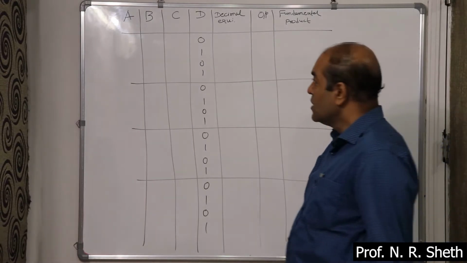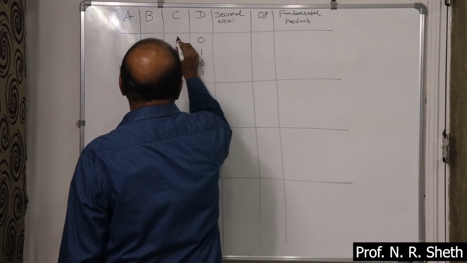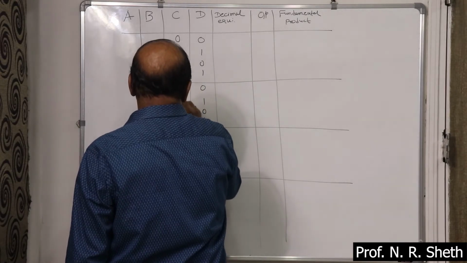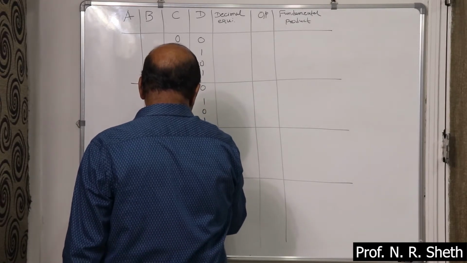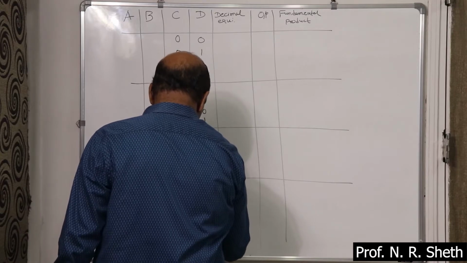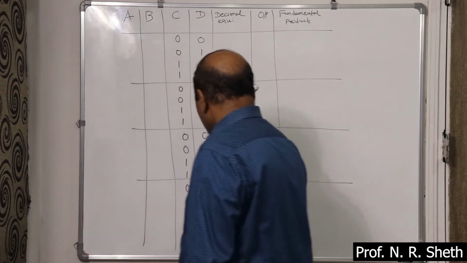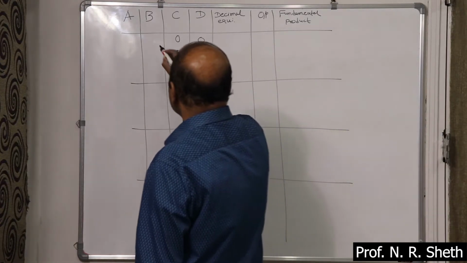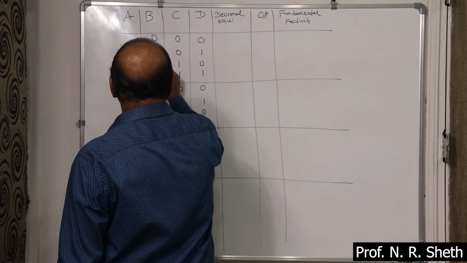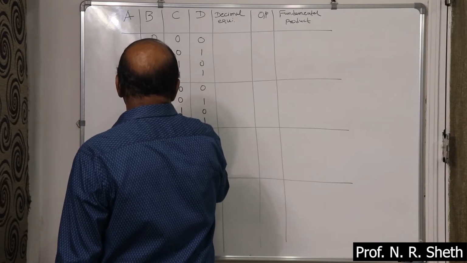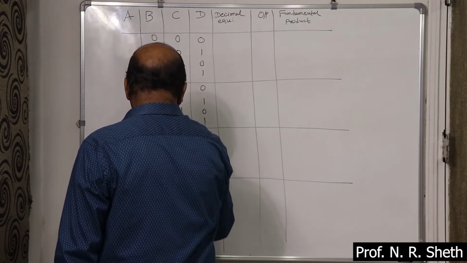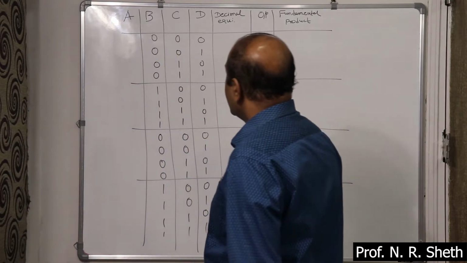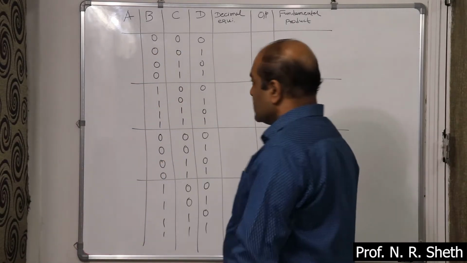Now two times 0, two times 1, four times 0, four times 1, eight times 0, eight times 1.